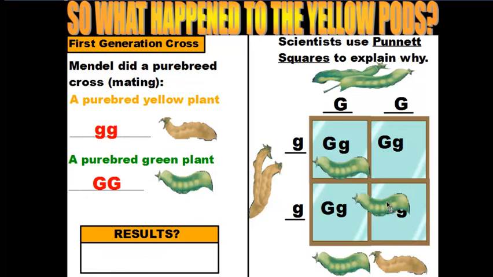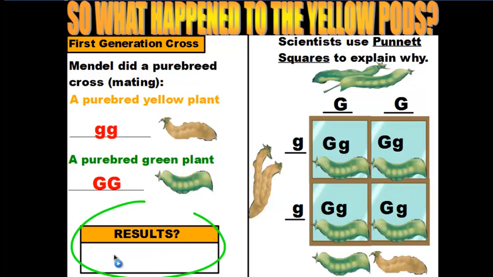And since every other offspring has a capital G in it for green, every offspring is going to be green. So as a result, Mendel found, as we said, that all of his plants were green. Whenever you cross two purebred plants together, you're going to get whatever the dominant trait is.